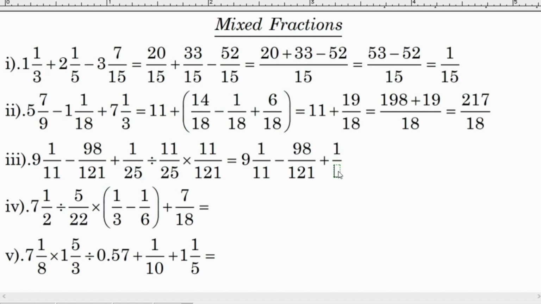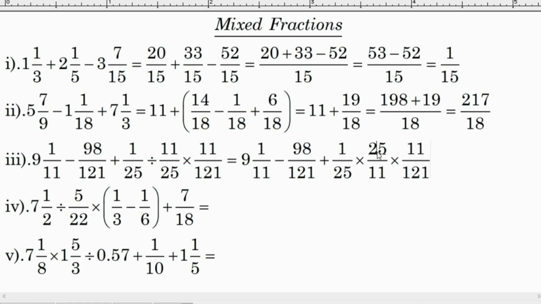So here we have 1 divided by 25, and then for dividing the fractions we have to change the division sign to a multiplication sign and then flip the second fraction: 25 to the numerator and then 11 to the denominator, and then we multiply with this number.